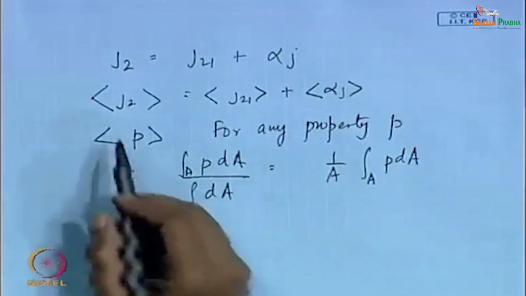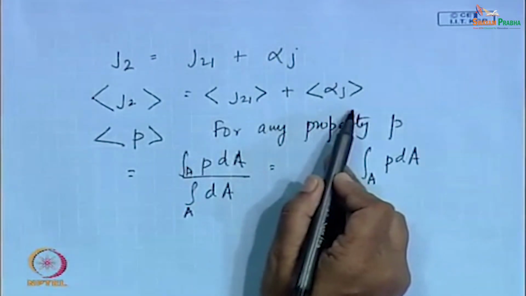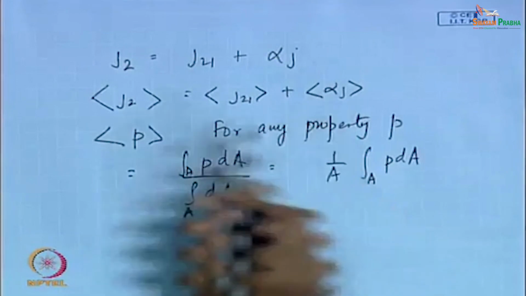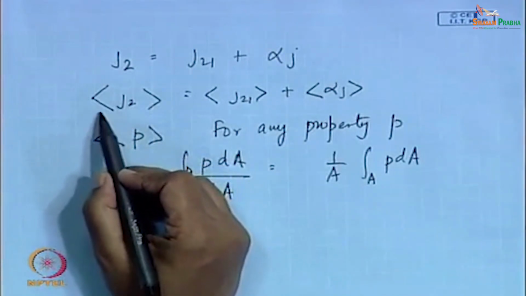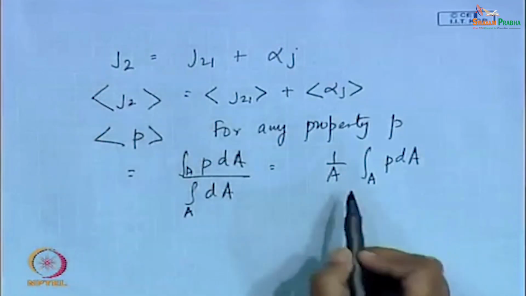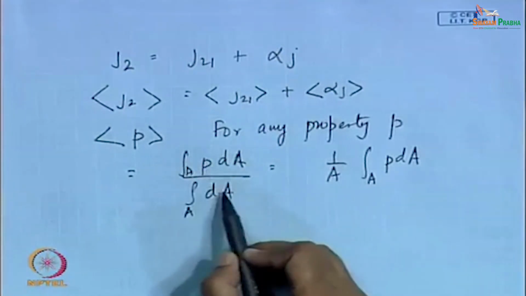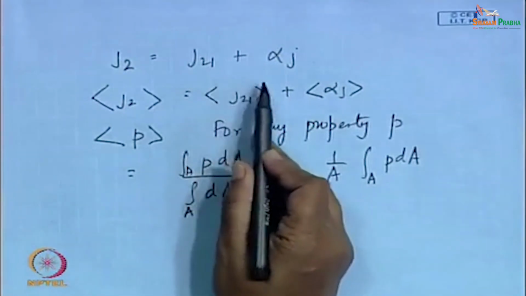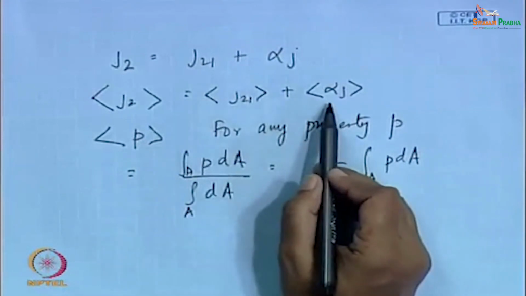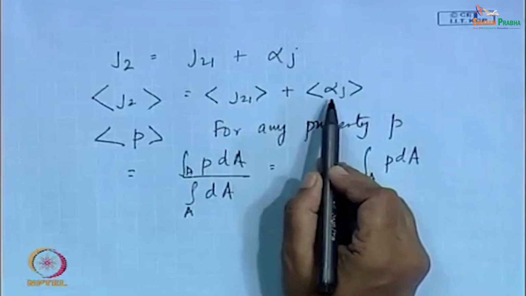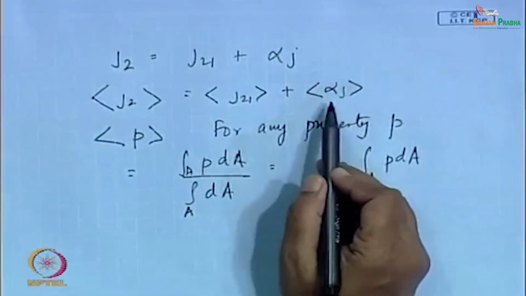Therefore, you can very well understand that when I put these brackets across the individual terms of these expressions, this is the average volumetric flux of component 2 averaged over the entire cross section. This is nothing but integral J2 dA by A. This is the average drift flux averaged over the entire cross section, and this is the product of volumetric concentration and volumetric flux averaged over the entire cross section.